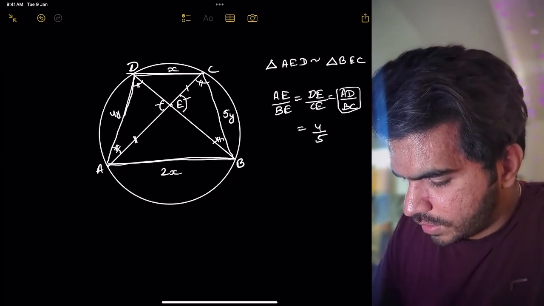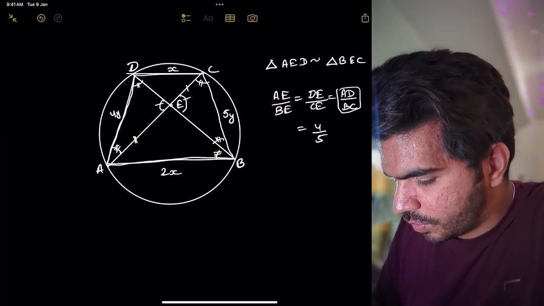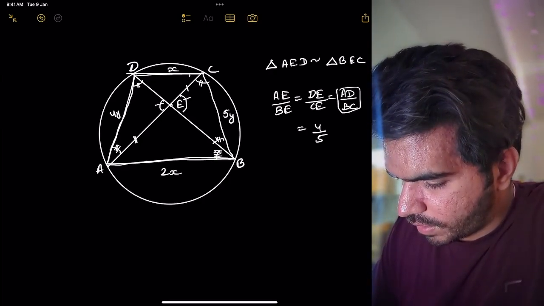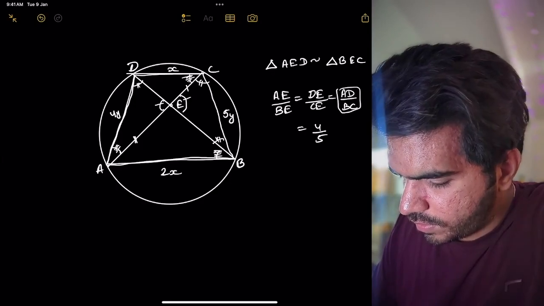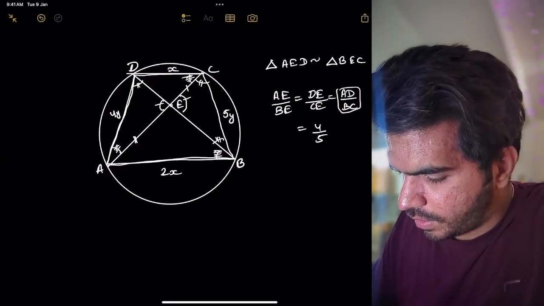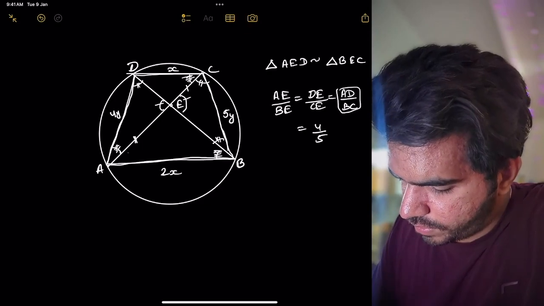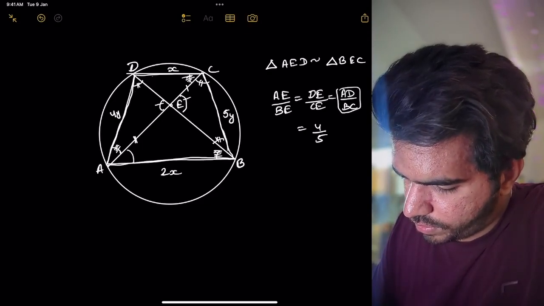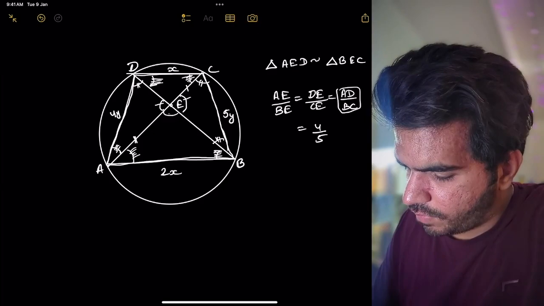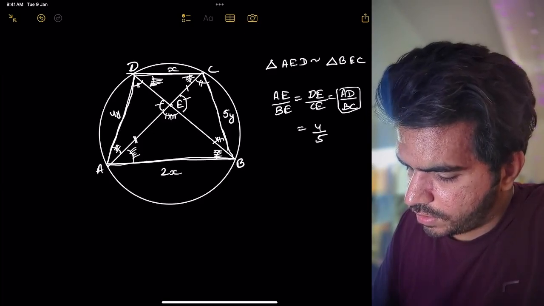Now along this line, we have these two angles equal, and along this one we have these two equal, again vertically opposite angles.